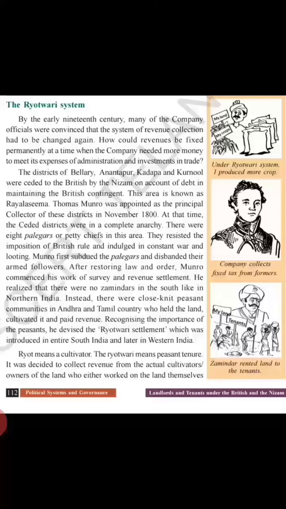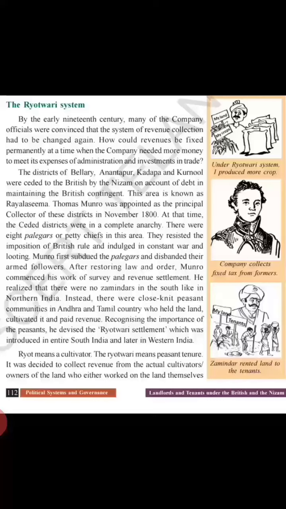Because in the initial stages the zamindars became defaulters, but at a later stage, as they brought some changes, the farmers were able to cultivate more crops and make profits.